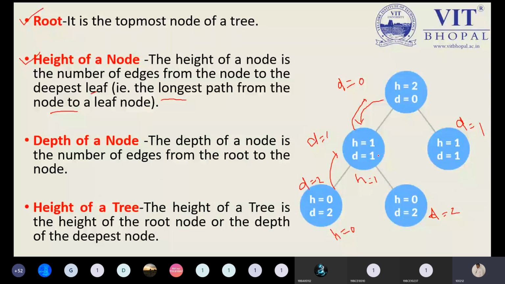If we need to measure the height of the root node, the previous height is 1, and you are jumping to the next node, so we can say 1 plus 1, and the height of this node will be 2. So indirectly we can say the height and depth are the inverse of each other. This is a basic term you need to keep in mind.